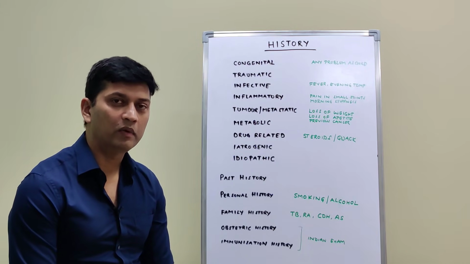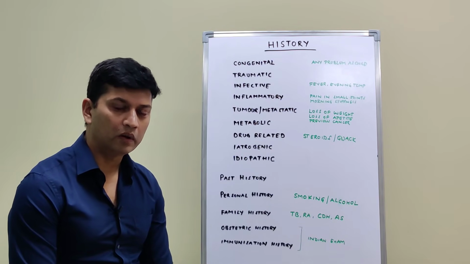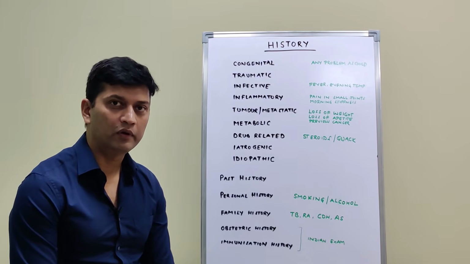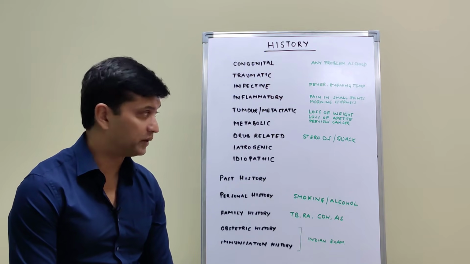That is a very common thing, that I took some medication from a quack or a local practitioner who is not medically qualified, and took that medication for a long term in order to increase weight. So this is extremely important, because usually they give steroid and they end up having avascular necrosis in future.